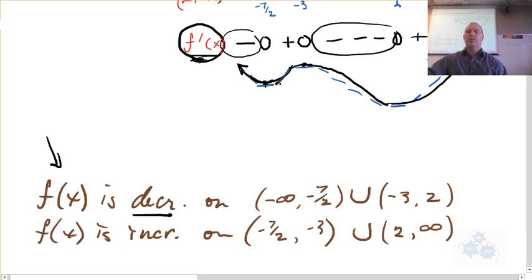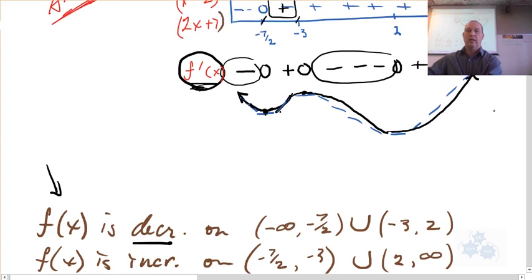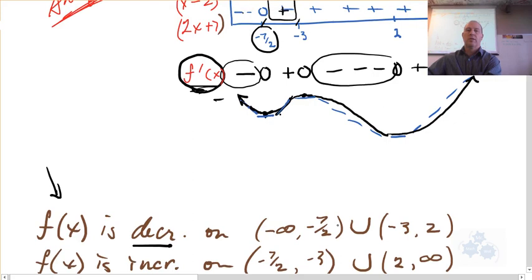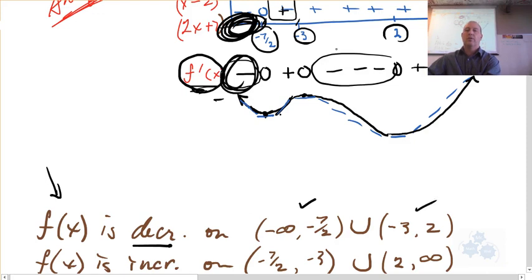So these are the two intervals that you need to identify. From negative infinity all the way up to, what is this x value? Negative 7 over 2. That's the first one. That's right here. See that? And also from negative 3 to positive 2. That's this middle one. So that's where the function is decreasing.